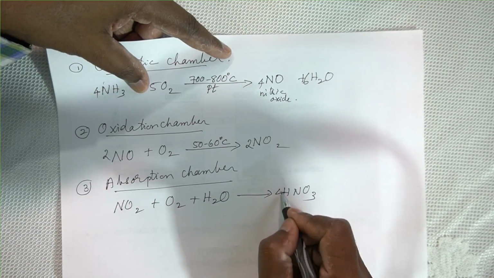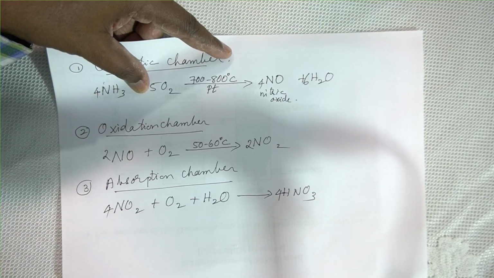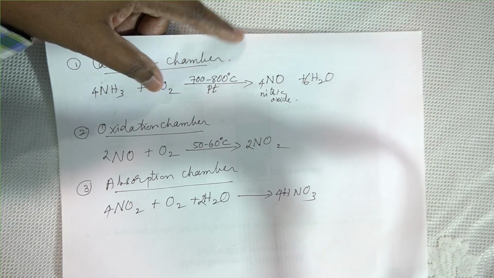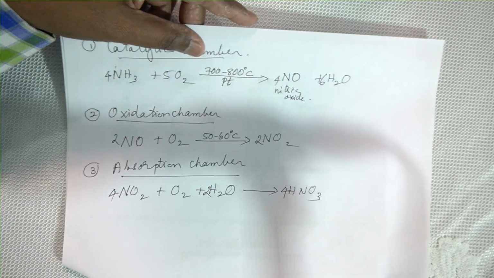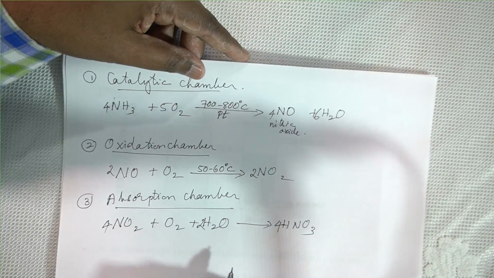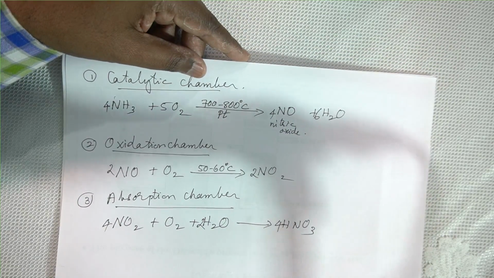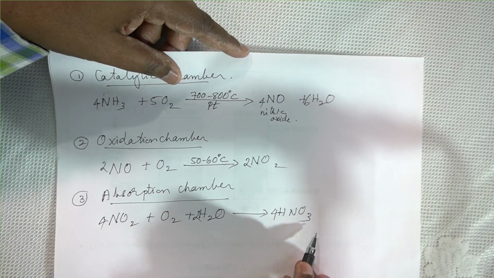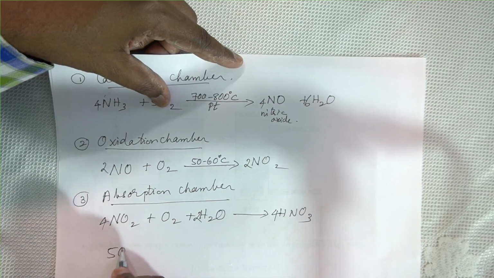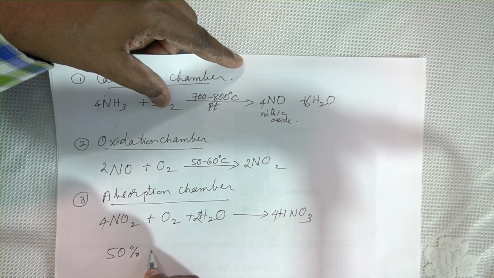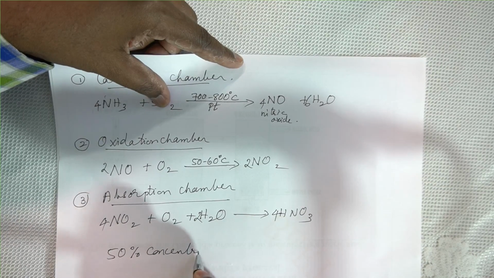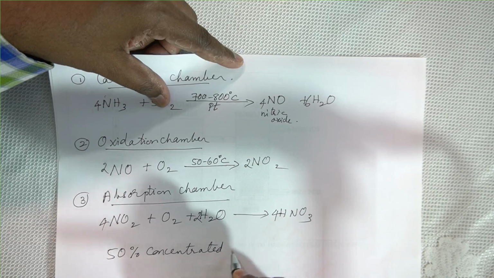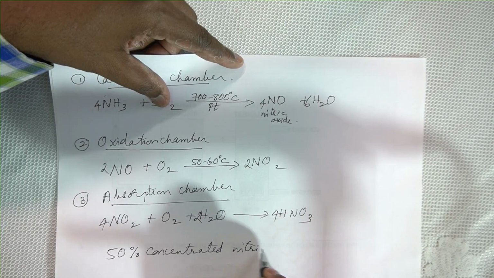The reaction is balanced like this: 4NO2 plus O2 plus 2H2O gives 4HNO3. So nitric acid is obtained here. The nitric acid obtained is about 50% concentrated.